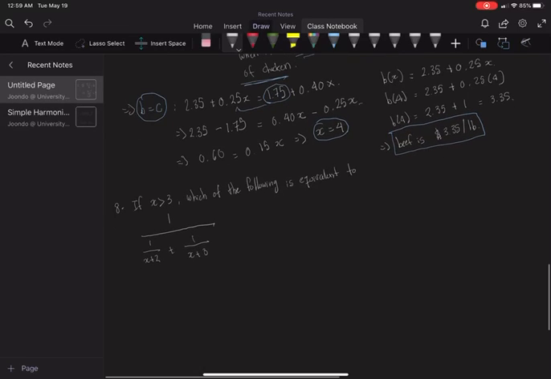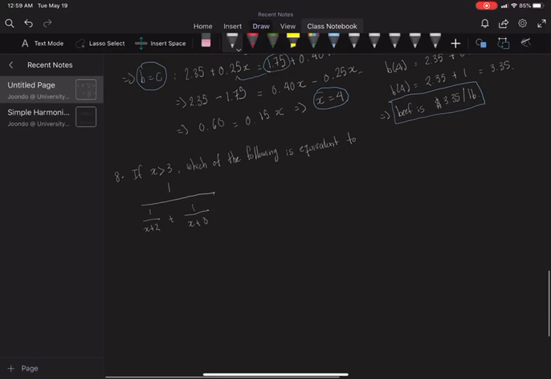Let's do this. How do we do this? We have to deal with this first. We must have the same common denominator, which is x plus 2 times x plus 3.